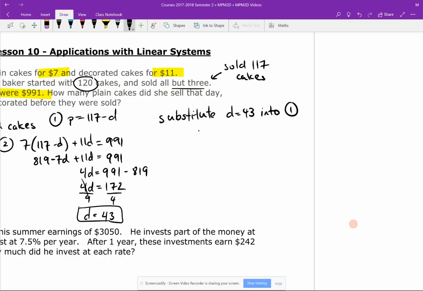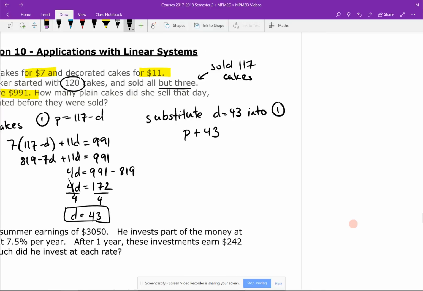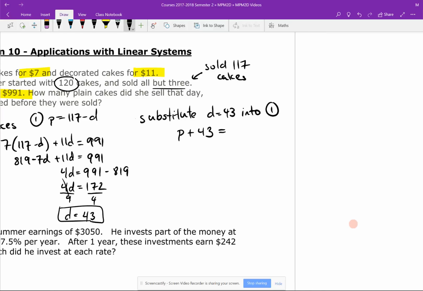So I'm going to say P plus 43, so remember, P plus D is equal to 117. Okay, and if I subtract 43 from both sides, I'd have 117 minus 43, which is equal to 74. So I have 74 plain cakes sold.